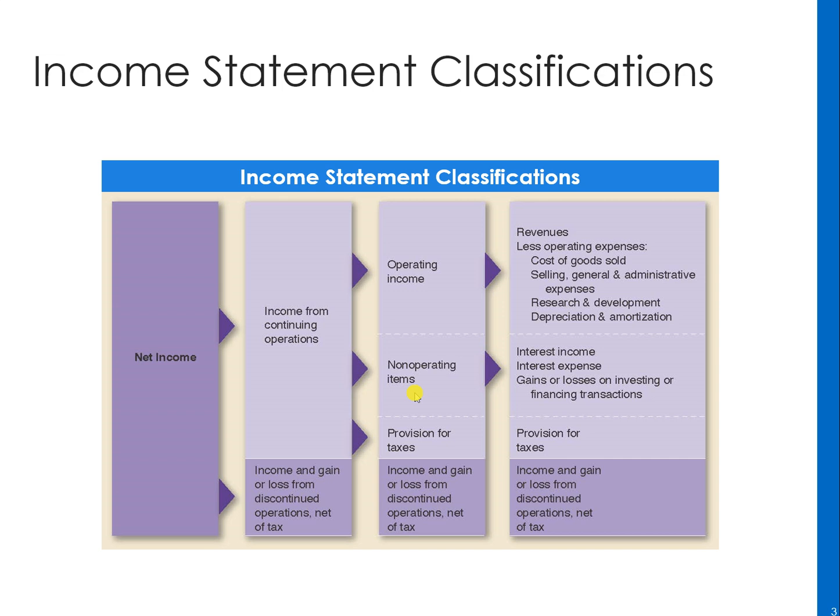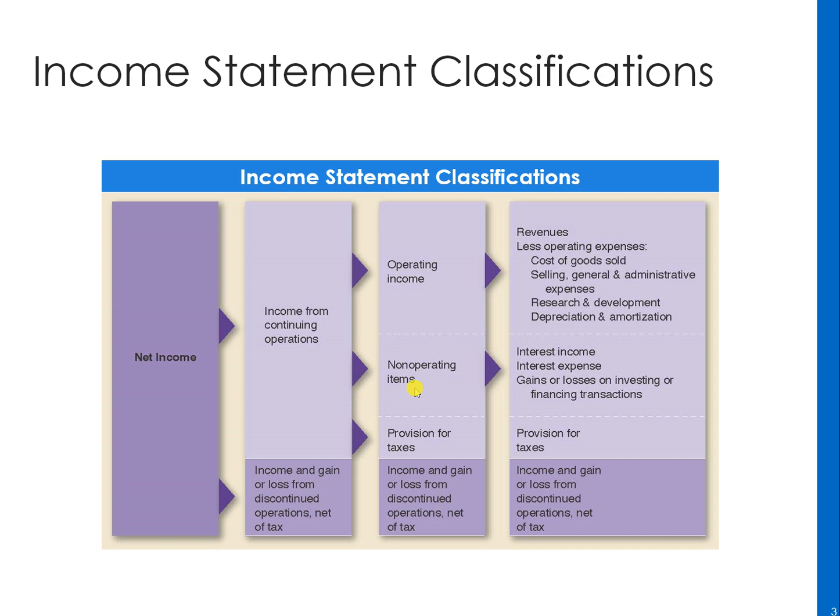For example, we may have interest income or interest expenses, dividend revenues, gains and losses on sales of securities. However, these will not drive the company. What is driving the company is its operating activities, or operating income.